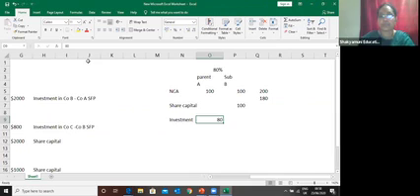Take this example. Now we are consolidating parent and subsidiary, right? While consolidating, we have to take the share capital of the parent only. We should not take the share capital of the subsidiary. Why? This share capital of the subsidiary we have to eliminate against this investment, right?